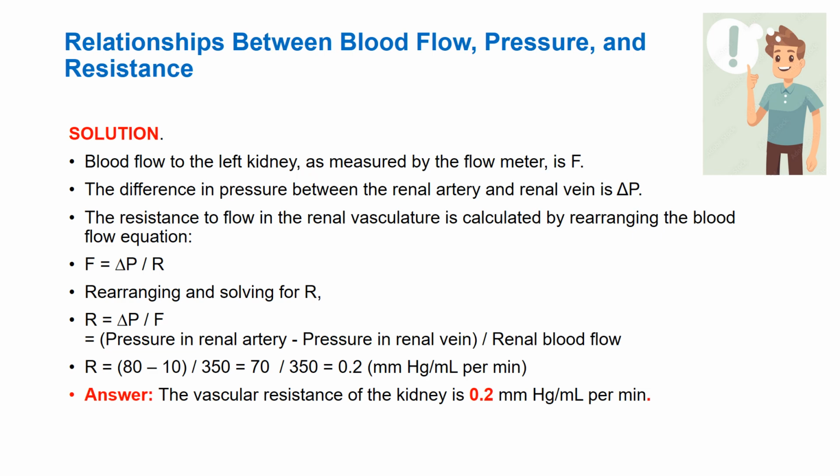R equals 80 mm of mercury minus 10 mm of mercury, divided by 350 milliliters per minute, which is 70 mm of mercury divided by 350 milliliters per minute, which is 0.2 mm of mercury per milliliter per minute. Answer. The vascular resistance of the kidney is 0.2 mm of mercury per milliliter per minute.